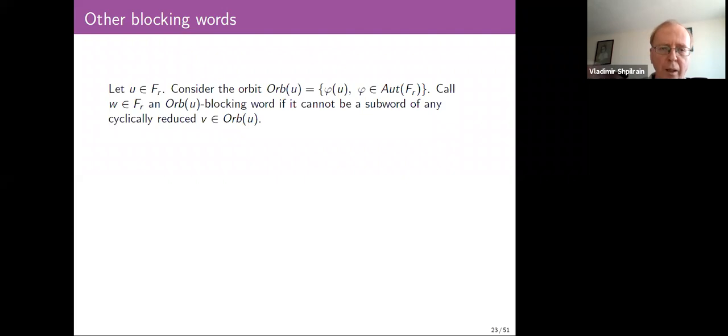So take an arbitrary element U of a free group, consider the orbit under the action of automorphisms of the free group, and call an element W orbit U blocking if it cannot be a subword of any cyclically reduced element in the orbit. Again, we need the cyclically reduced condition for the same reason.